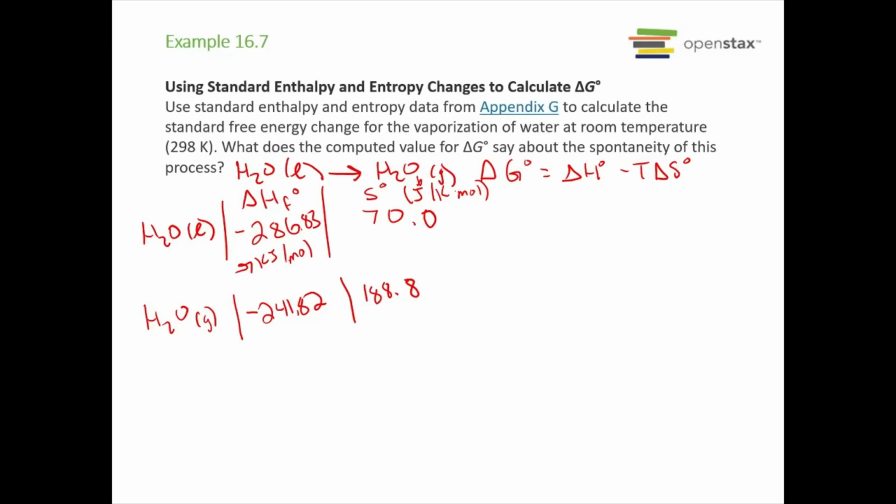So let's go ahead and first calculate delta H naught. Here we're saying that's going to be equal to the change in delta H naught of formation for our products, so of the gaseous water, minus delta H naught of formation of liquid water.